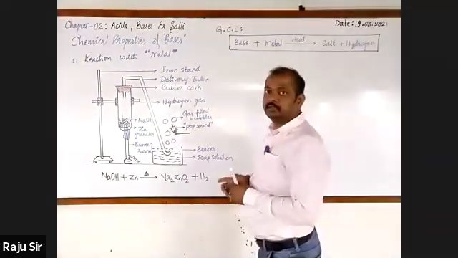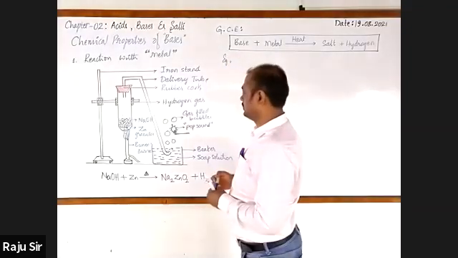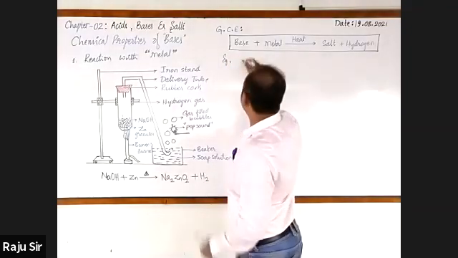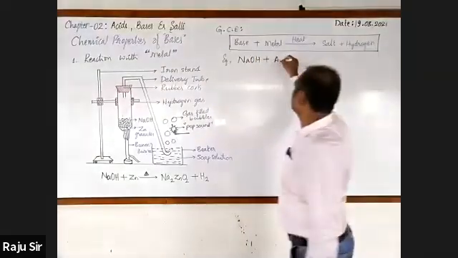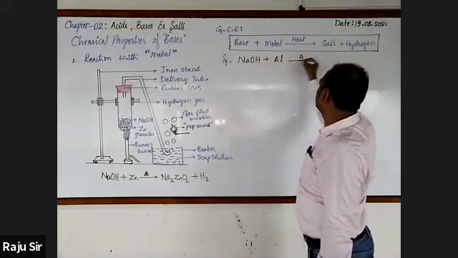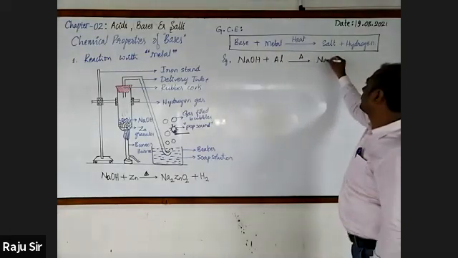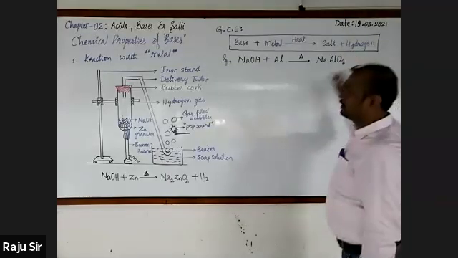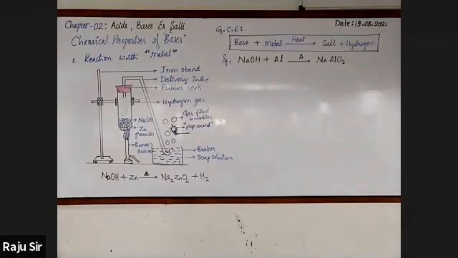Then let me write some examples. Sodium hydroxide reacts with aluminium on heating to produce sodium aluminate. Sodium aluminate formula NaAlO2.